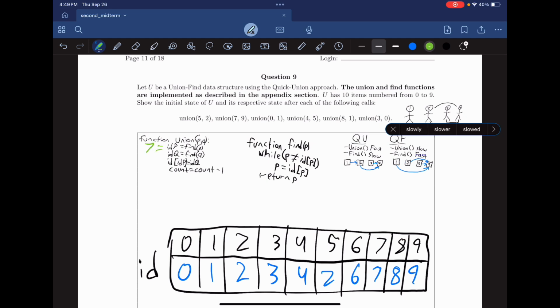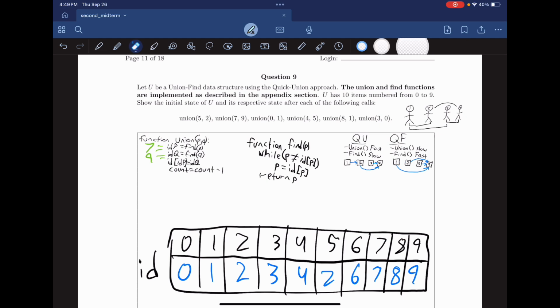Next we do the same thing with Q. IDQ equals find of 9. We go to index 9, we check if it's equal to its value. They are, so we set that equal to 9. So now we have ID of 7 equals 9. ID of P equals IDQ.